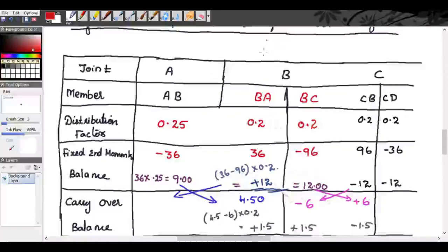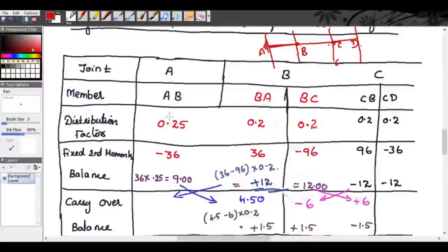So it is like this, right? A, B, C and D. At A, we have only the span AB. At B, we have the span BA and BC. We are not considering the columns, only the beams. So BA and BC. At C, we have CB and CD.